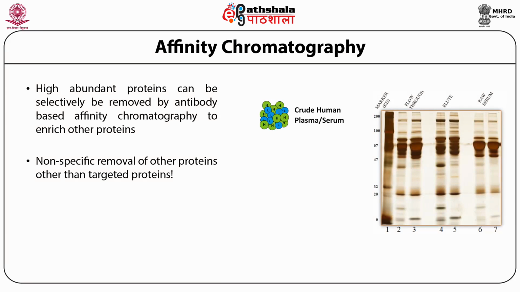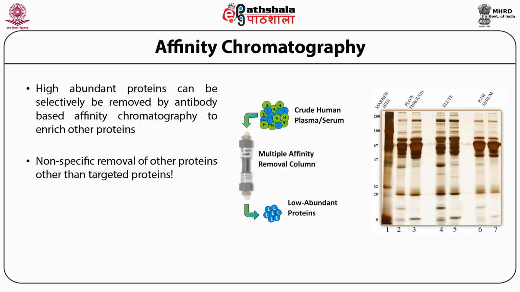Affinity chromatography as a method to remove high abundant proteins. High abundant proteins can be selectively removed by antibody based affinity chromatography to enrich other low abundant proteins. The methodology is very simple and is illustrated in the figure below.